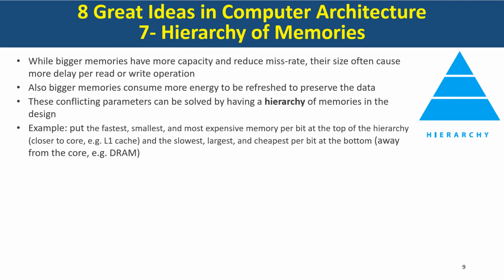The seventh idea is hierarchy of memories. So let's assume you have a processor, and you have a program. This program has, for example, let's say 100 variables that the CPU deals with. So this CPU needs a memory with at least 100 locations nearby.